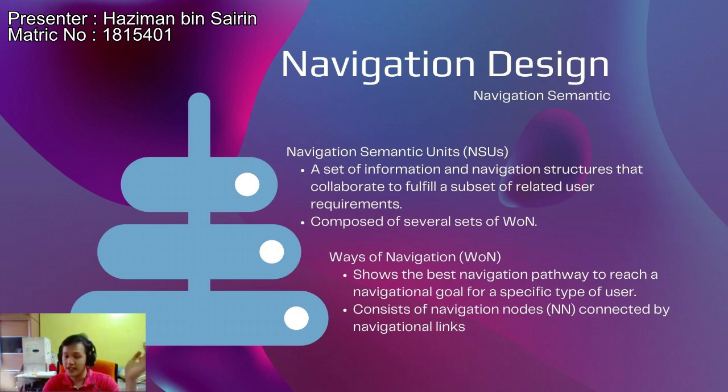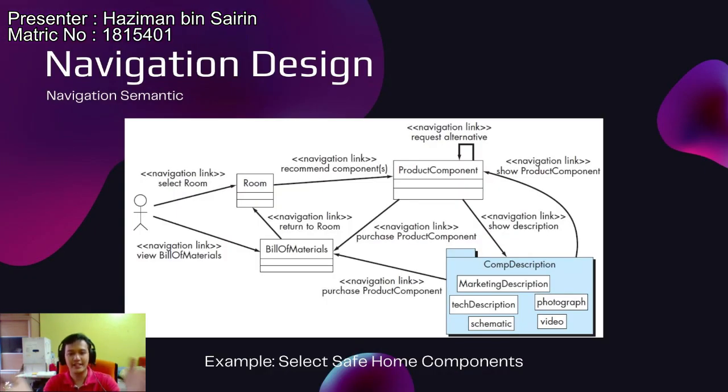Usually, these ways of navigation consist of navigation nodes, which are connected by navigational links. For example, this use case diagram is translated into navigation nodes connected by navigational links.